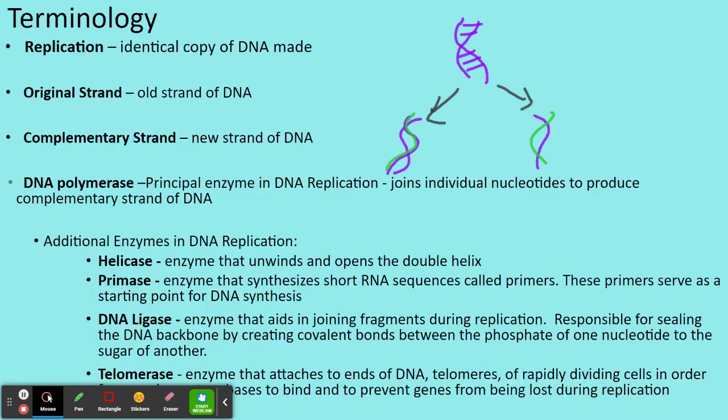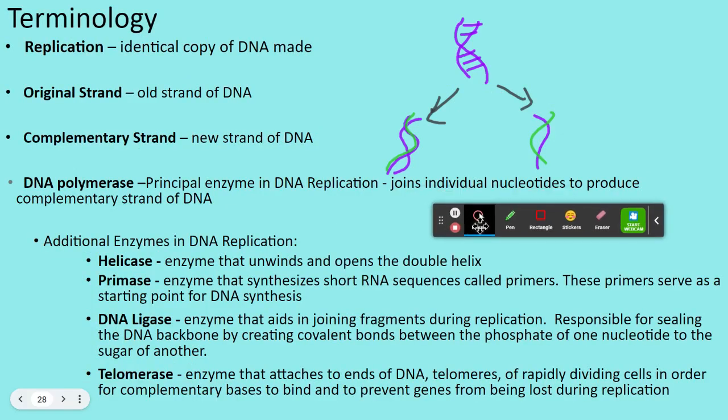And then finally, the last enzyme that is a part of this show is telomerase, and telomerase's job is to basically get to the end of DNA. So DNA polymerase, the star, is a very big enzyme and it needs to attach to all of the nucleotides that it has room for.